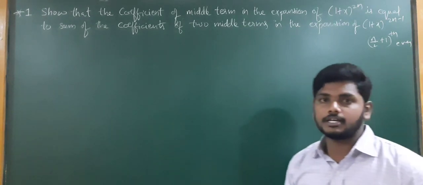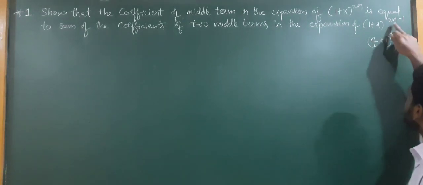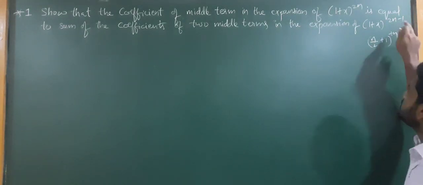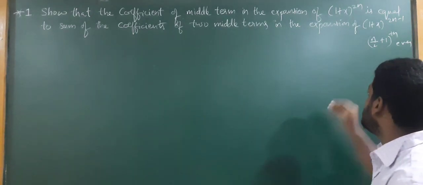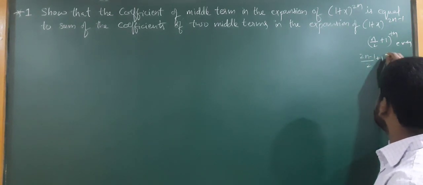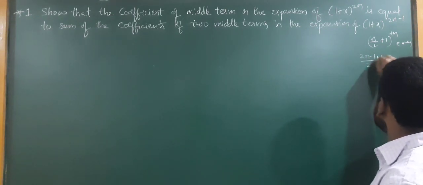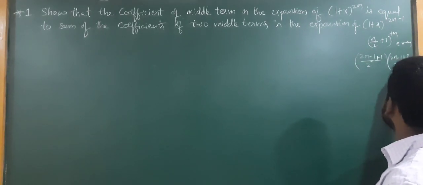When will we get two middle terms? If that index or power is an odd number. But here clearly we can see that 2n minus 1 is an odd number. How to find middle terms when n is an odd number? That is (2n minus 1 plus 1) by 2 and again (2n minus 1 plus 3) by 2.